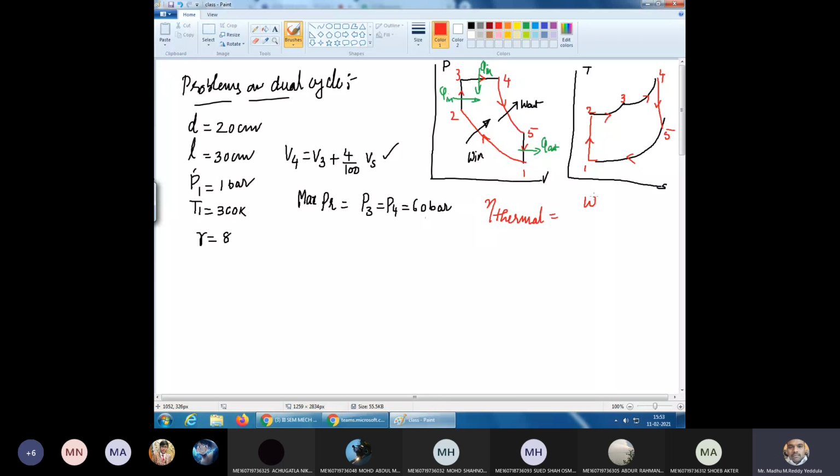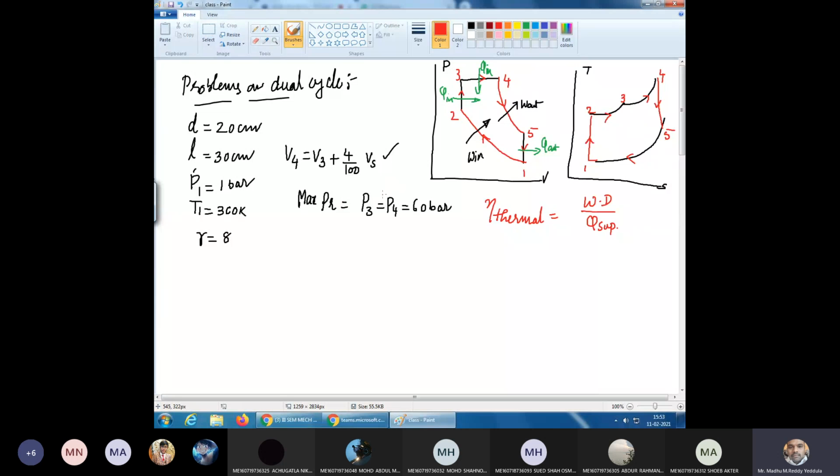Thermal efficiency is equal to work done by heat supplied. If it is air standard efficiency, we need to use the formula 1 minus 1 by r power gamma minus 1. But for thermal efficiency, you need to use the normal formula, work done by heat supplied.